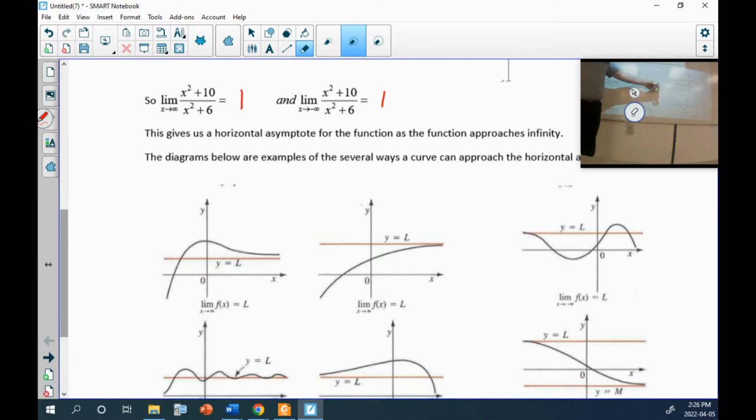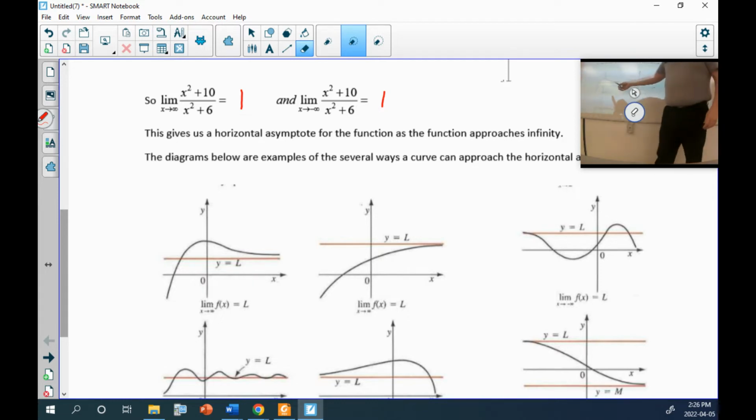It does not cross the axis, right? As we get out to the extremes, the limit of the function as x gets larger approaches whatever L is in this case. Here is one where it does cross at this point, but the asymptote is out here. When we talk about a horizontal asymptote, we're only looking at what is happening at the extreme ends of the graph, the really negative or really large positive numbers.